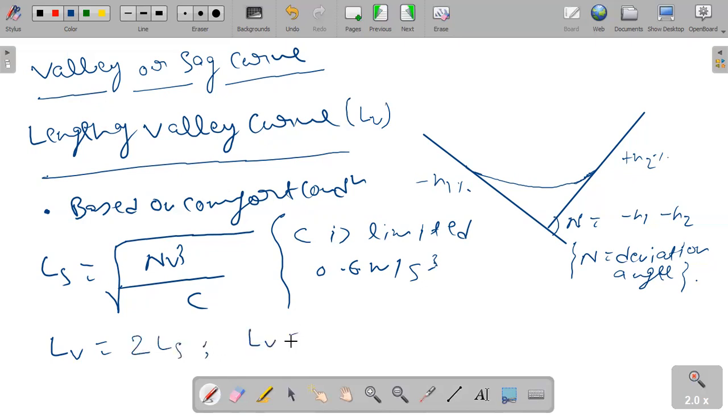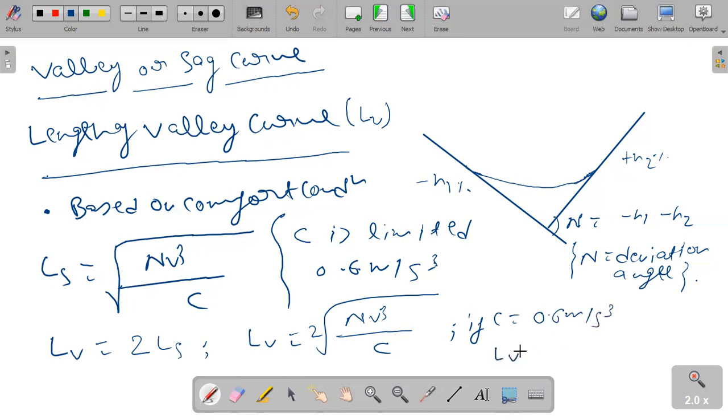So Lv is equal to 2 N v cube upon C, and if C is equal to 0.6 meter per second cube, then Lv will be 0.38 N v cube power 1 by 2. So this is all about the length of valley curve based on comfort condition.